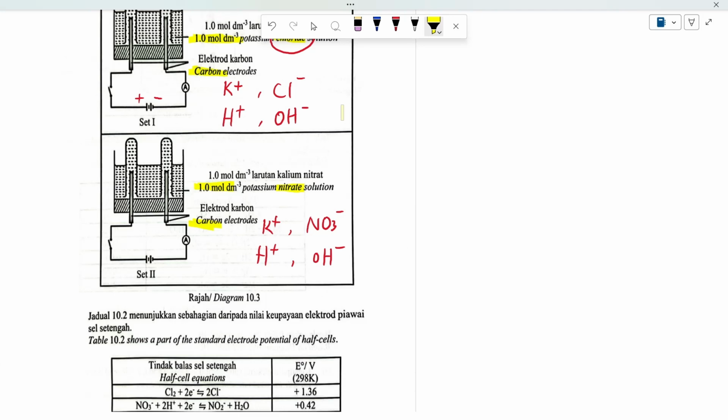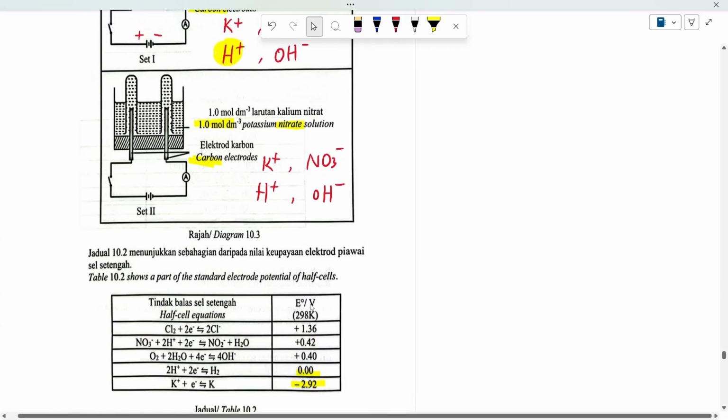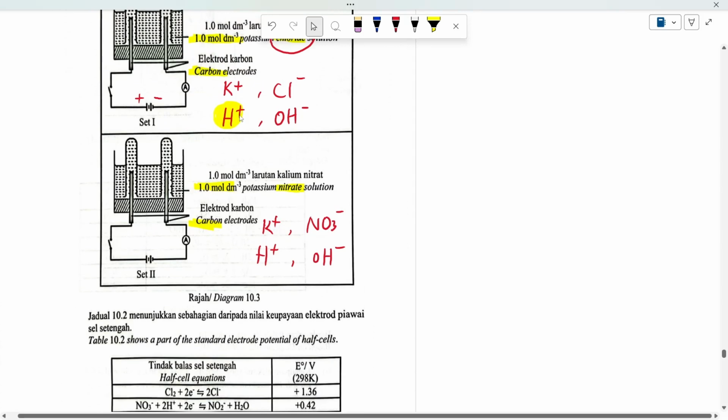The answer is hydrogen. Potassium ions will never undergo reduction, because it's too negative. It tends to undergo oxidation. So hydrogen will be discharged.